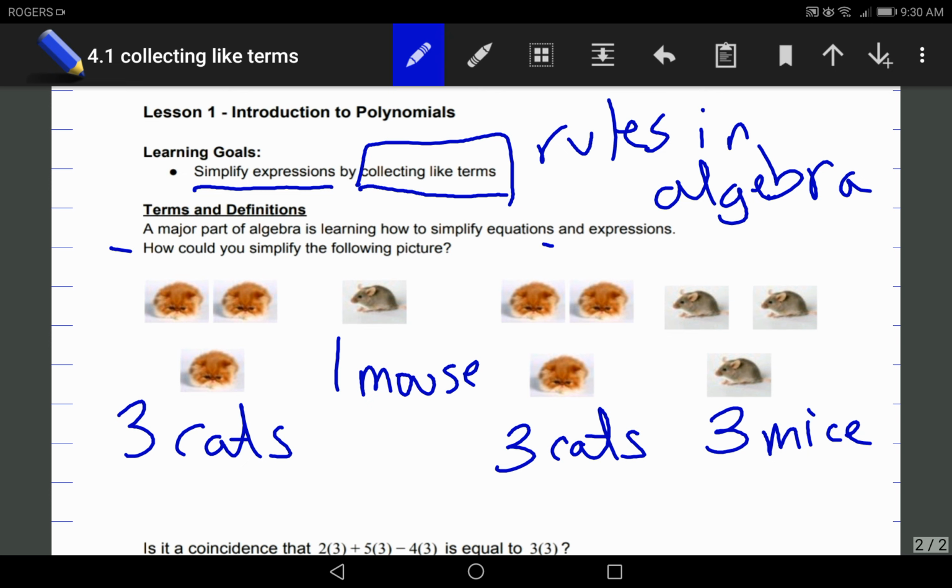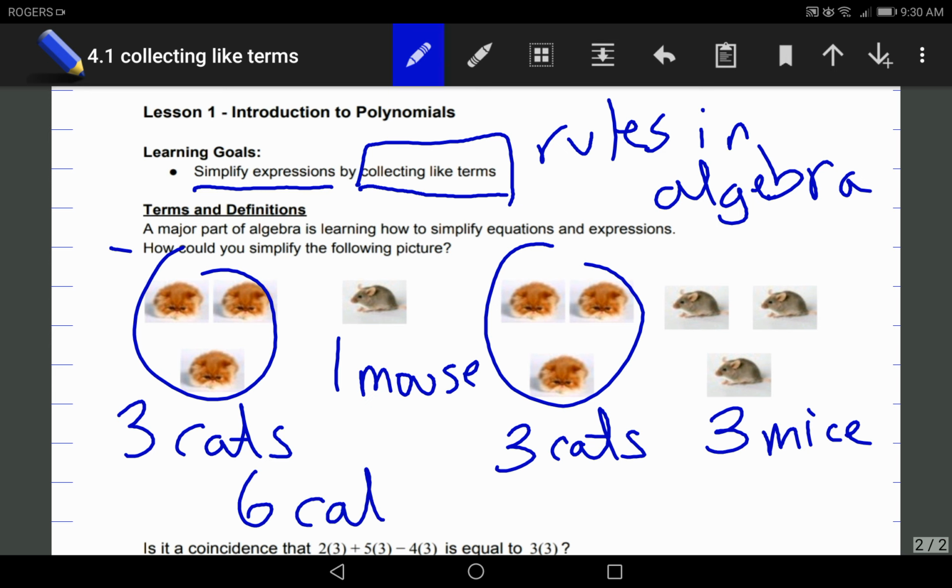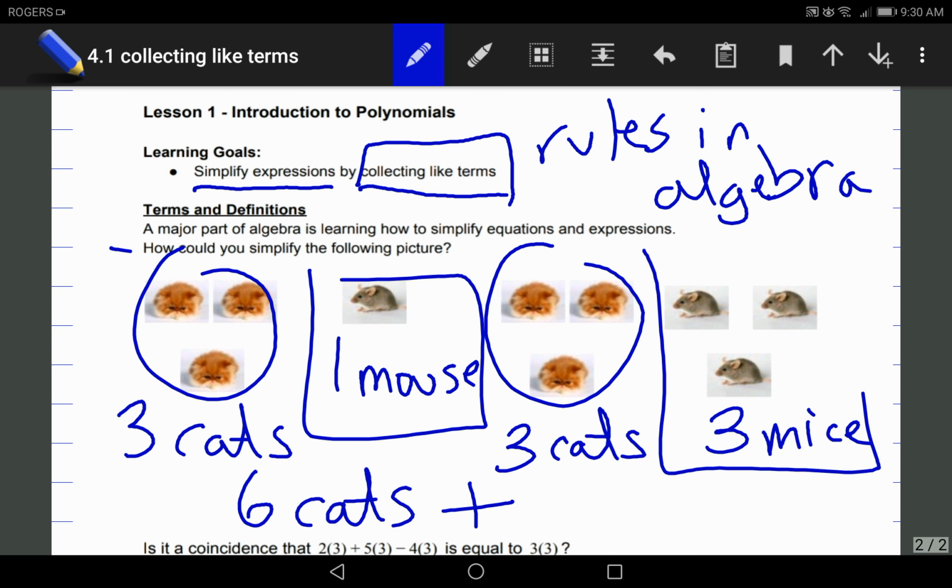So if there are 3 cats here and 3 cats here, wouldn't it make sense to say that there are in total 6 cats plus there are 1 mouse plus 3 mice, that's 4 mice.